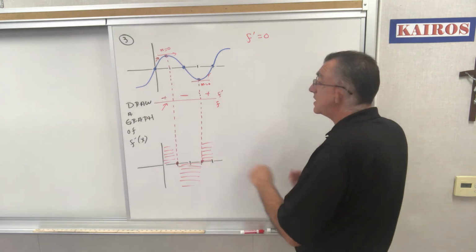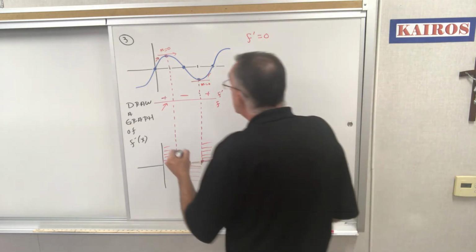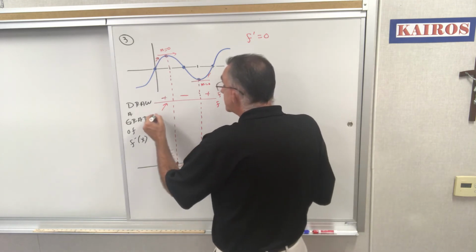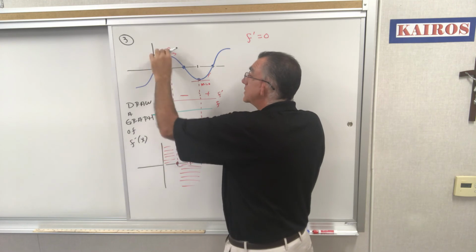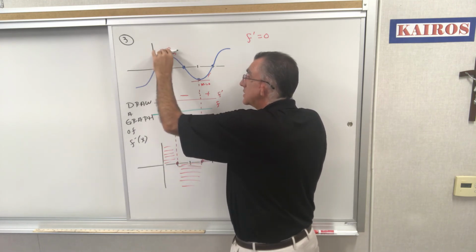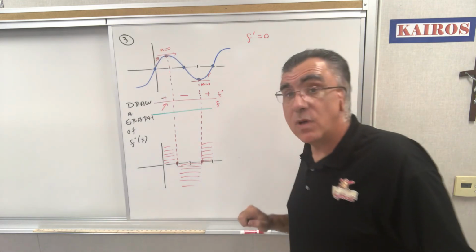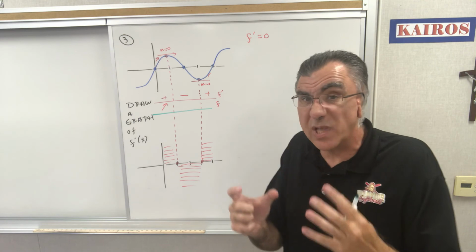Now, the next idea, and this is a really important idea, is we're looking for what are called inflection points. Watch what happens here. I'm going to explain it one way, and then we're going to come up with a way to find them quickly.